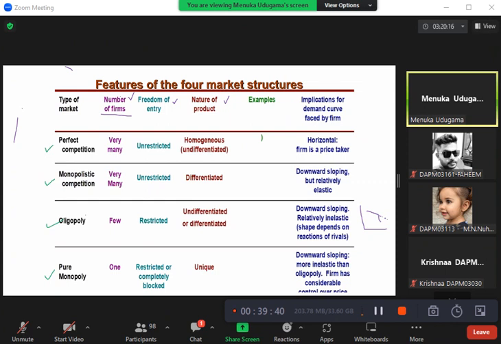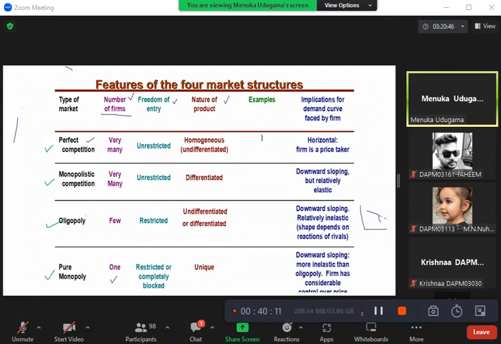How many firms are there? For example, if we take perfect competition, we know there are so many, hundreds, thousands or more, in a market. That type of market is a perfectly competitive market. So if there's only one, it's a monopoly. Accordingly, we can decide which type of market it is, right?